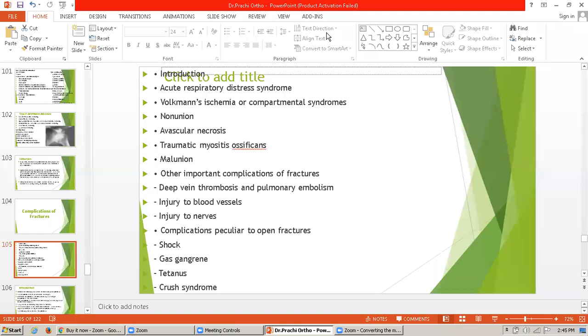Then acute respiratory distress syndrome, Volkmann's ischemia or compartmental syndrome, non-union, avascular necrosis, traumatic myositis ossificans, then malunion, other important complication of fractures, deep vein thrombosis and pulmonary embolism, injury to the blood vessels, injury to nerves, complication peculiar to open fracture, shock, gangrene, gas gangrene, tetanus, and the crush syndrome.